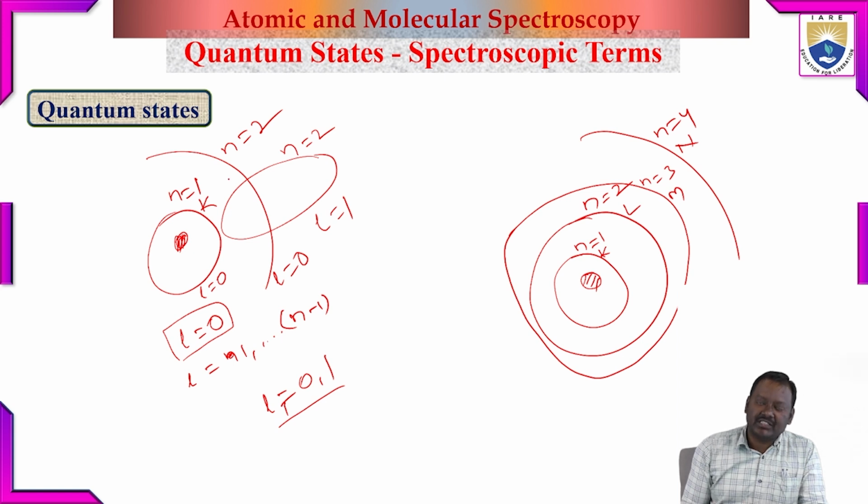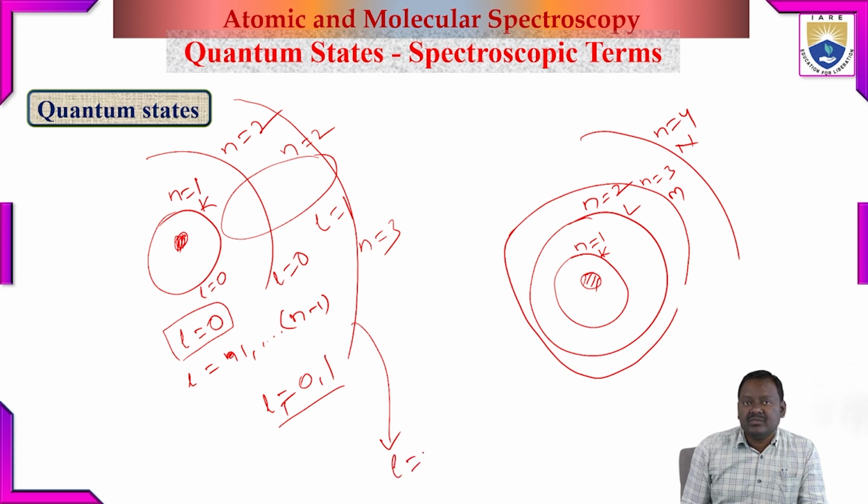For example, if you see n equal to 3, the third circular orbit, the principal quantum number is 3. For this principal quantum number n equal to 3, you can see 3 different l values. That means 0, 1, 2, up to n minus 1. Here n equal to 3 means from 0 to 2: 0, 1, 2.